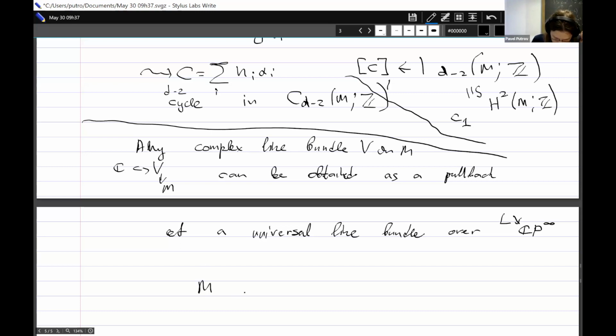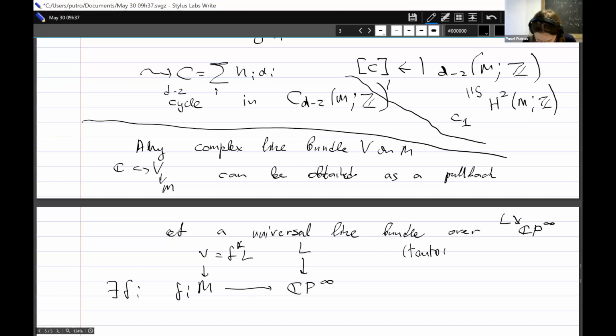So what does this mean? There always exists f from M to CP infinity such that this bundle V is obtained as a pullback of this universal line bundle, also called the tautological line bundle.